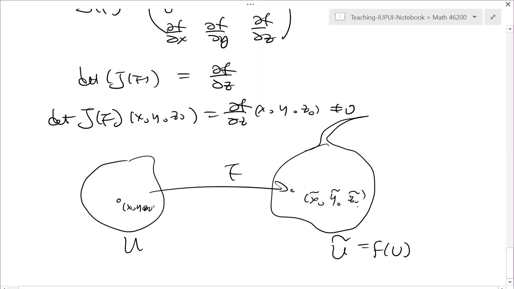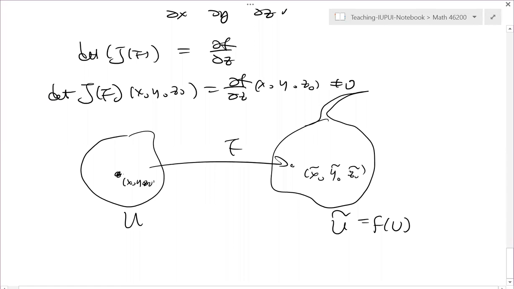So the Jacobian at this particular point is not going to be zero. That means I can find a small neighborhood, and we can even assume it's a cube, it doesn't matter. If this is a cube, then this does not look like a cube. So it's up to you what you want to talk about. Describe.